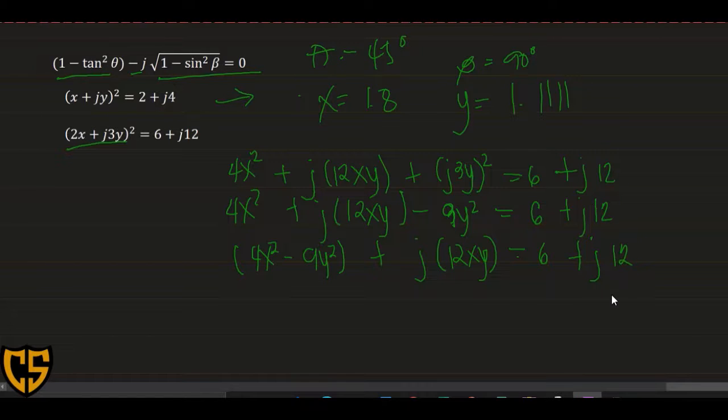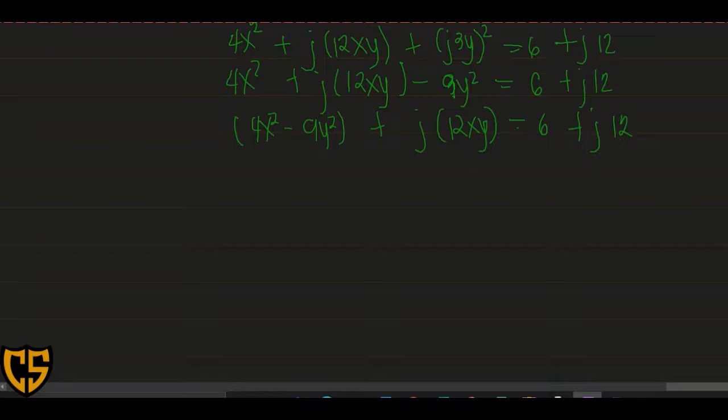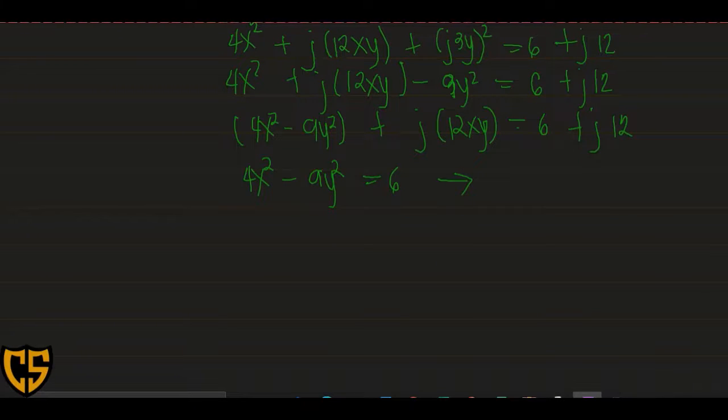So now we have to form na sa aton nga mga equations by trying to equate our real to real part and imaginary to imaginary part. So we have our equation 1, we have 4x squared minus 9y squared is equal to 6. And this will be our equation 1.